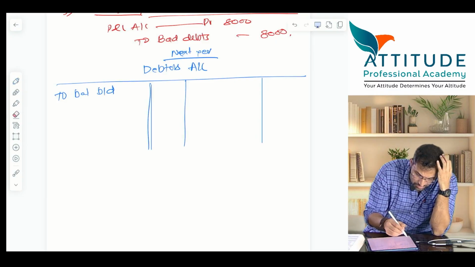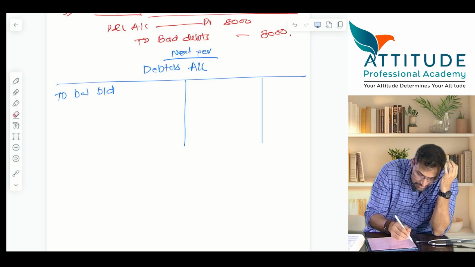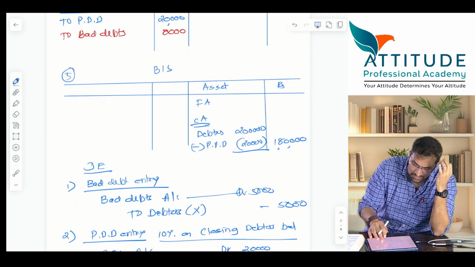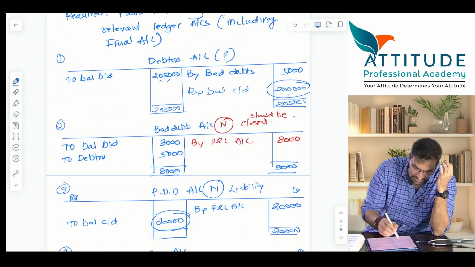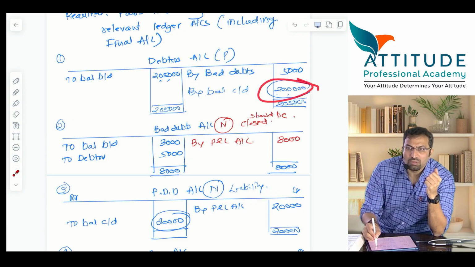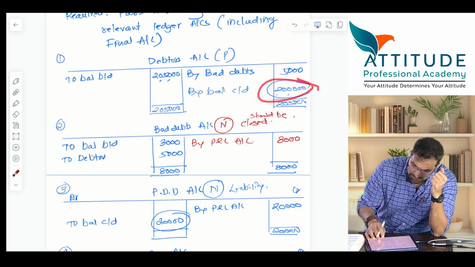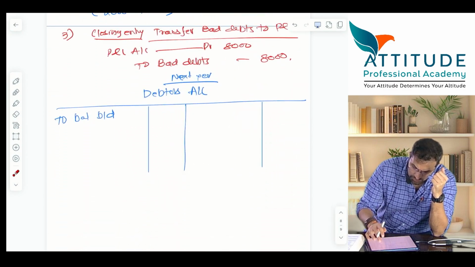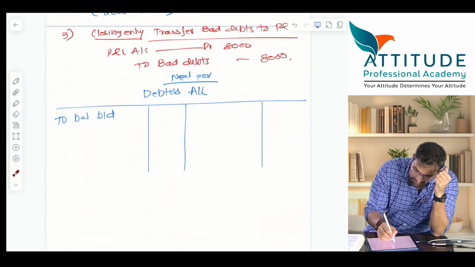Useless fellows, you still have not understood. Is it 1,80,000? What is the debtors balance? Come here. How much is it here? Take it from the ledger. So next year, how much will the debtors account be? 1 lakh? 2 lakh. Correct?